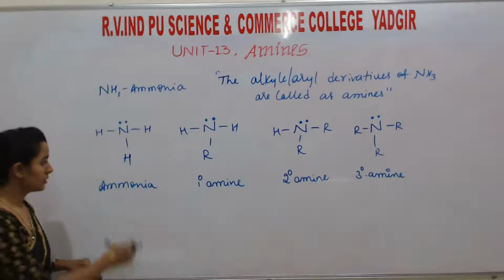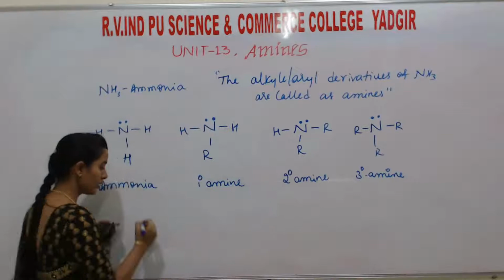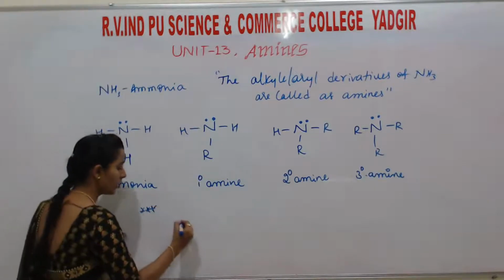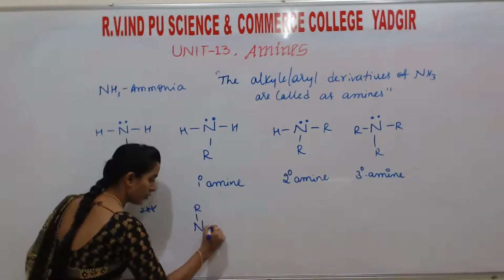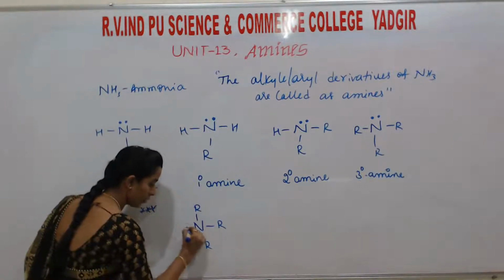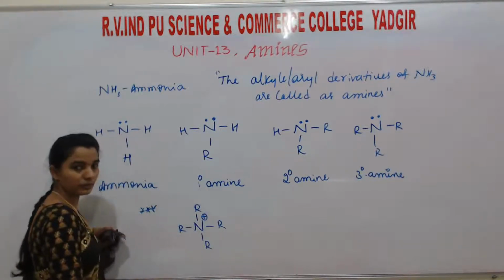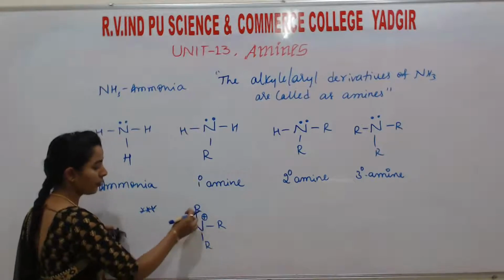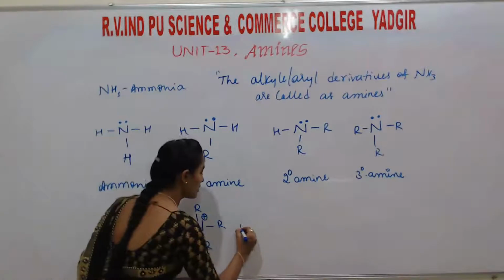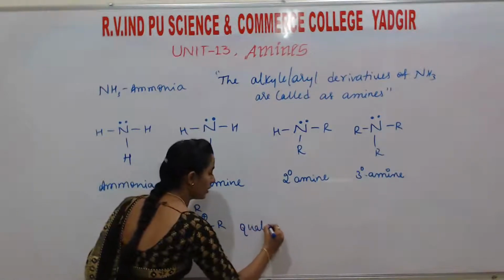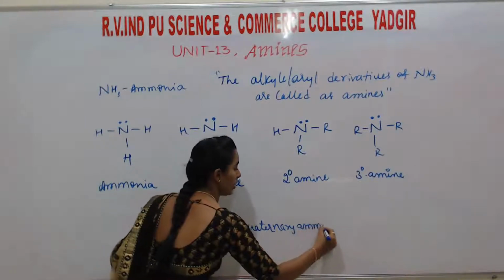Okay, students? So this is ammonia, primary amine, secondary amine, and tertiary amine. Another important one is when nitrogen is bonded to 4 R groups with a plus charge. This is called quaternary ammonium.